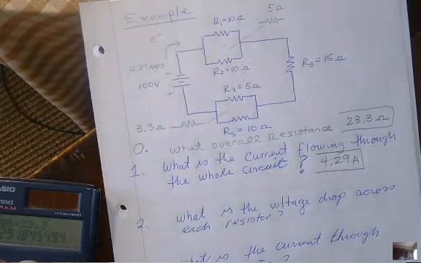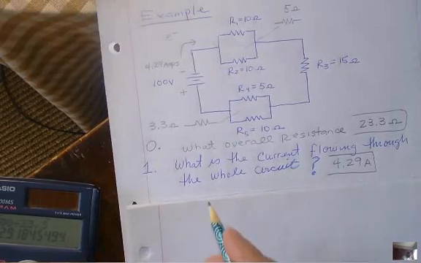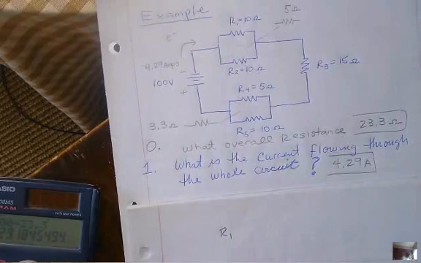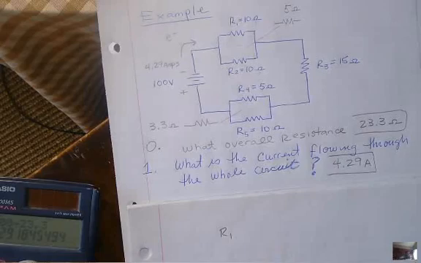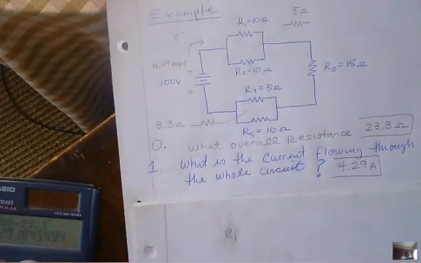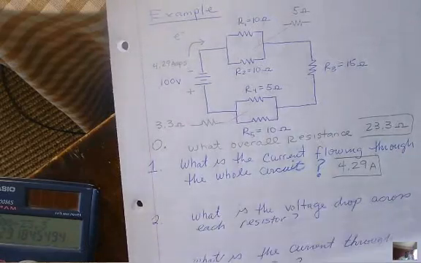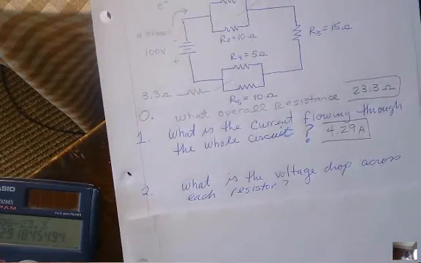Okay, now over the process, here comes my little table. So each resistor, I have R1. What is the voltage drop across each resistor?